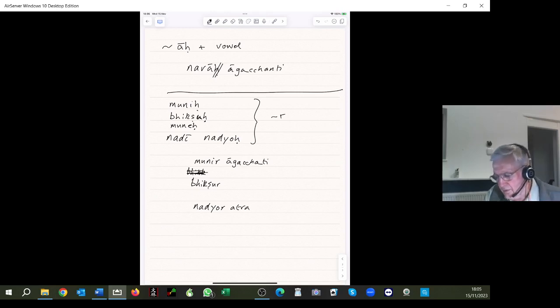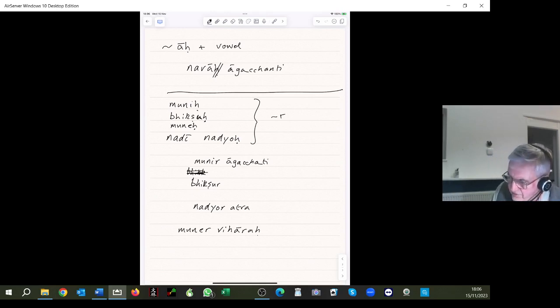So the sage's vihara, the vihara of the sage, muneh, would be muner vihara. The bhikshu's meditation practice, for example, the bhavana.